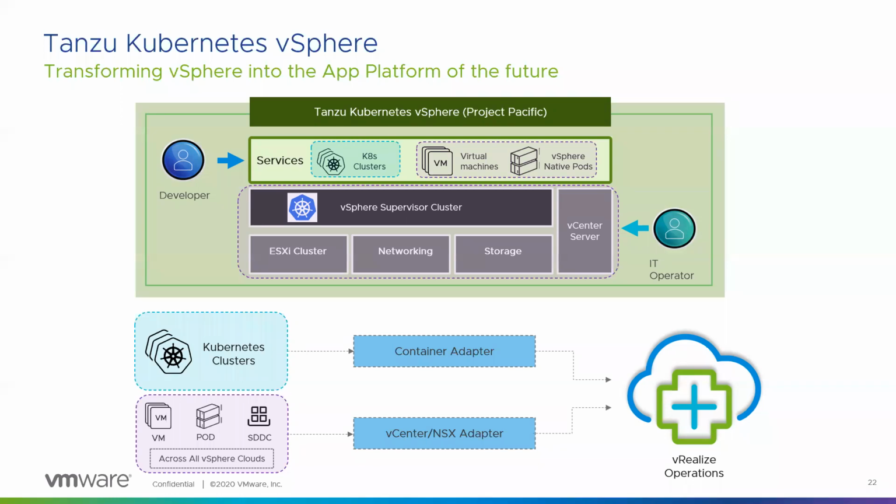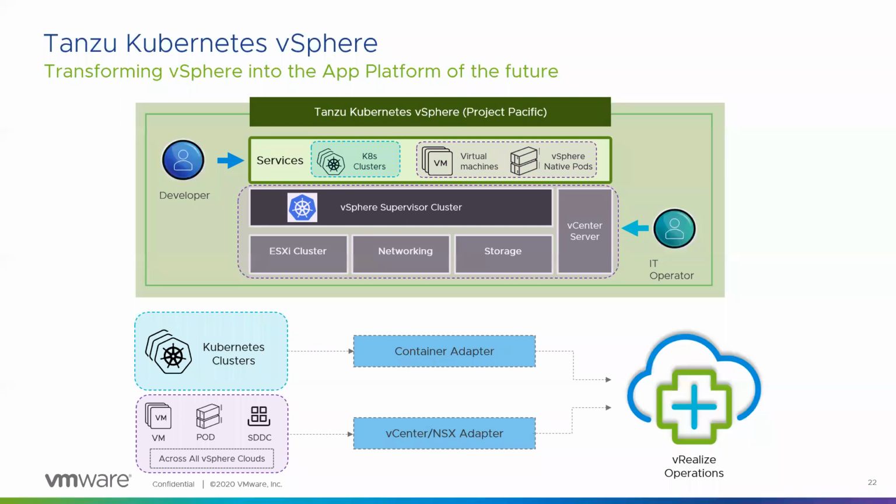What it means for us as VI admins is we want to make sure that whatever is being deployed or running, we are able to monitor that. So we are bringing all of these constructs using both of these adapters, one being a container management pack and one being the vSphere adapter, which is native.